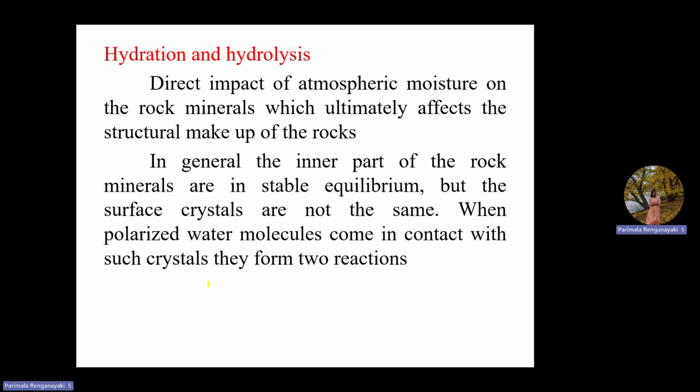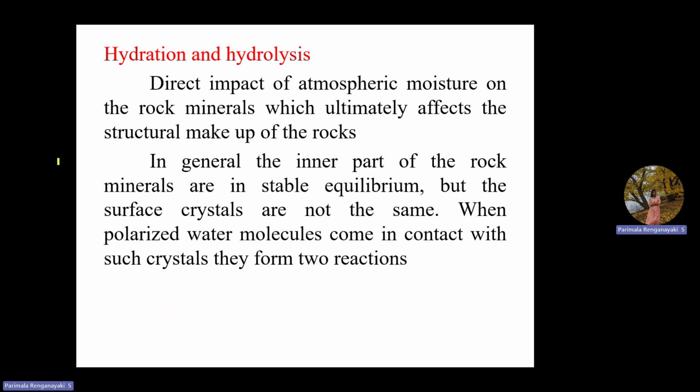Then, the next processes of chemical weathering are hydration and hydrolysis. Again, here also with water. Some rock may absorb water, but it will not react. There won't be any reaction. Sometimes the water will react with the minerals of the rock.